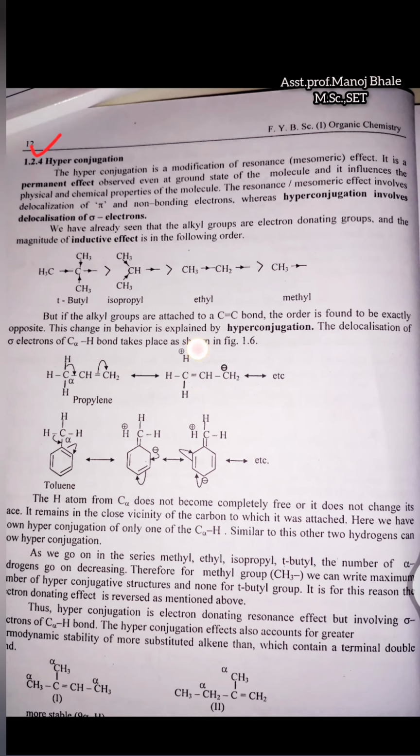So there is an H plus which is given there. That means hydrogen donates electron for the formation of the double bond and generates positive charge here, and simultaneously there is a negative charge generated on the terminal carbon. So in this way we can write hyperconjugation with the number of structures also.